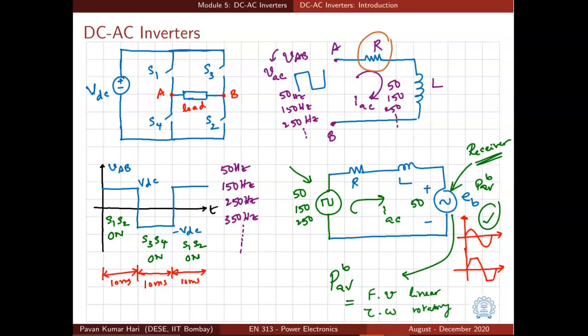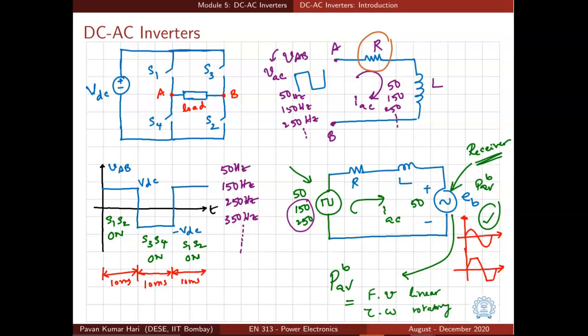So when we have this 50 Hertz source, the work done is now represented as energy received by an AC source which is at 50 Hertz, and that is why we are interested in looking at only the fundamental component, and we are interested in minimizing the other components, which are harmonic components.